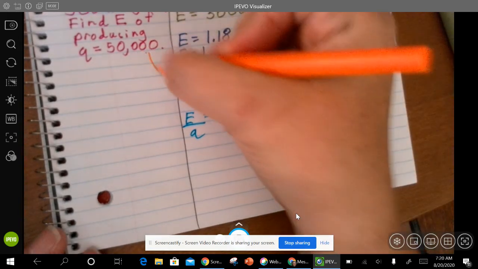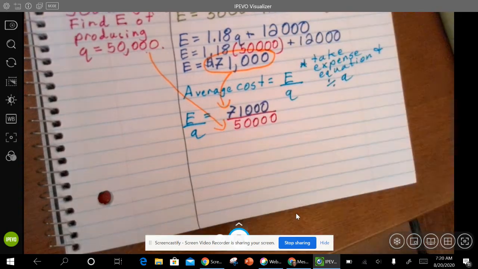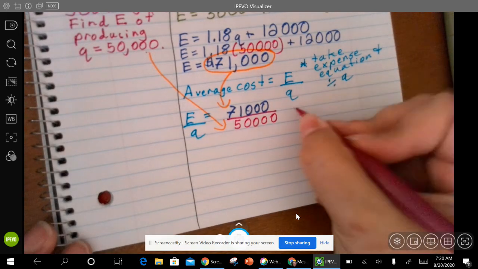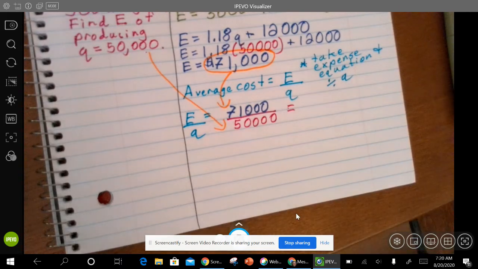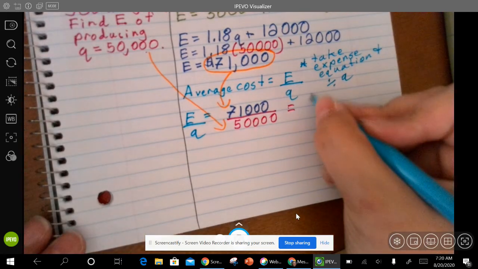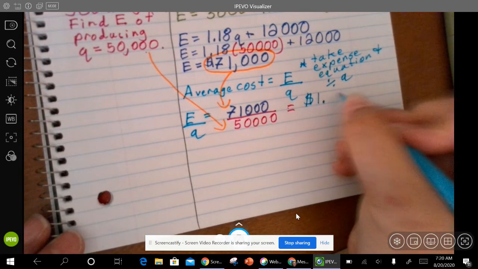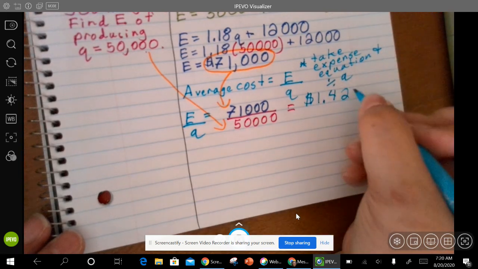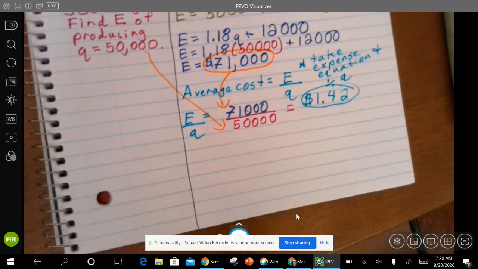I'm bringing that 50,000 down here. Remember, we're always going to round to the cents place. So we're going to go ahead and round it to $1.42. This is for average cost.